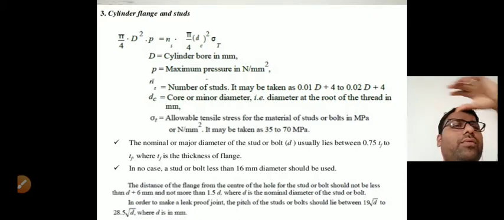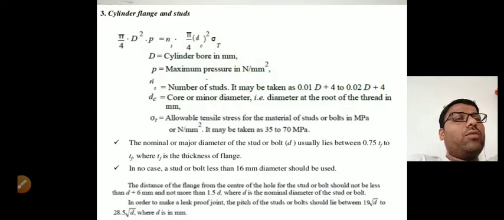The distance of the flange from the center of the hole for the stud or bolt should not be less than small d plus 6 and should not be more than 1.5 small d, where small d is the nominal diameter of the stud or bolt. In order to make a leak-proof joint, the pitch of the stud or bolt should lie between 19 root D to 28.5 root D, where D is in mm.